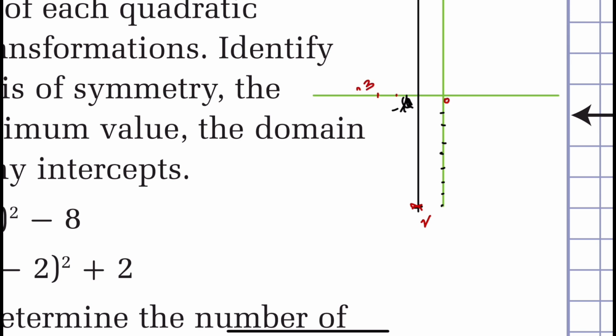This is 0, this is 1. So we have these two intercepts, and my graph will go like this.